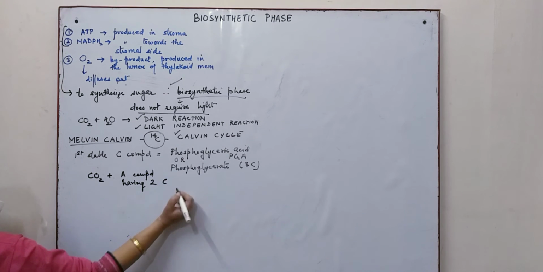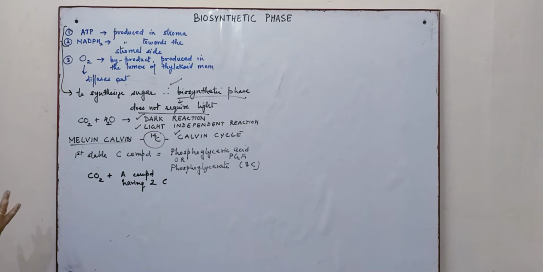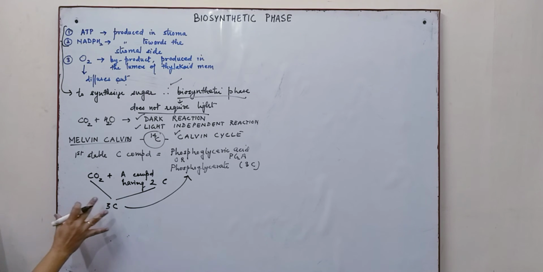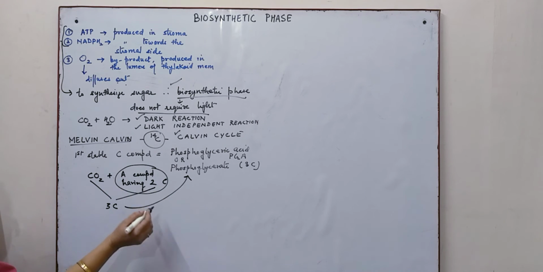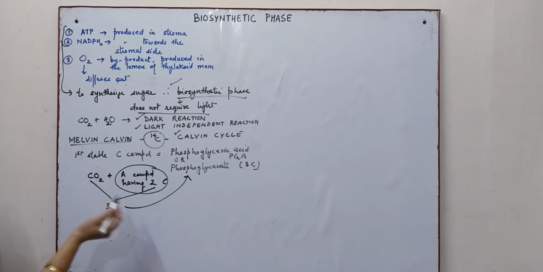Therefore, it was presumed that carbon dioxide and a two carbon compound form the three carbon compound, phosphoglycerate. But later they found that it is not so. Instead of a compound with two carbon atoms, there was a compound with five carbon atoms.